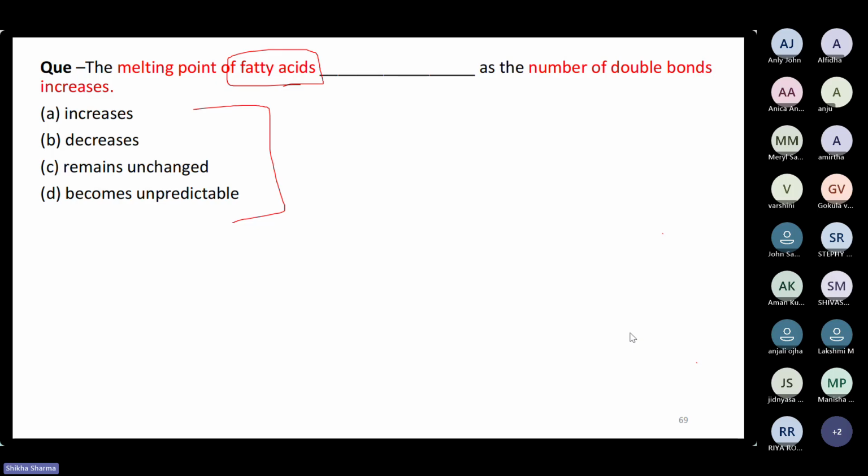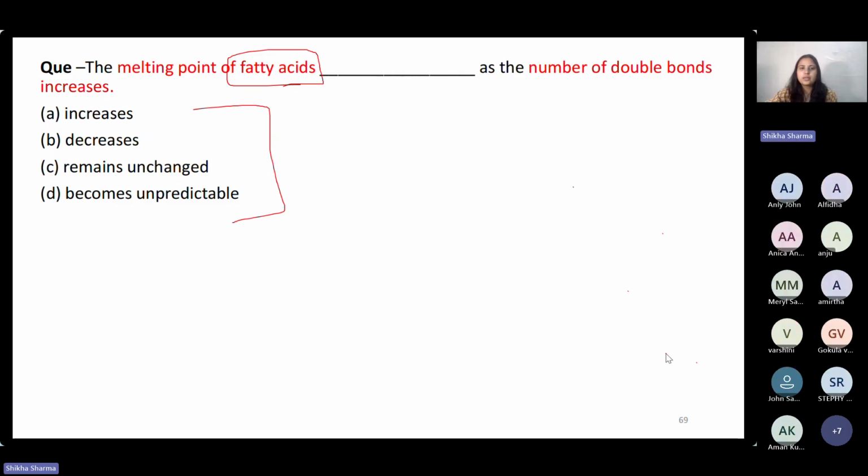Okay, thank you so much, Shivaswamy, for your feedback. Anjali is saying the answer is B, decreases. Also Shivaswamy and Aman say B. So okay, we are locking B then.